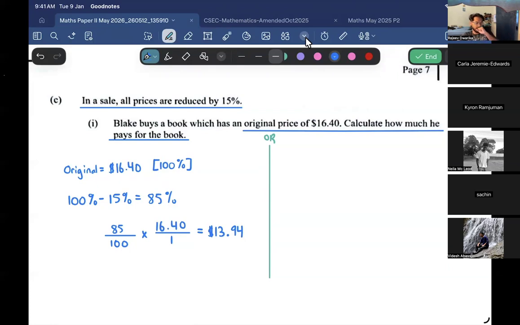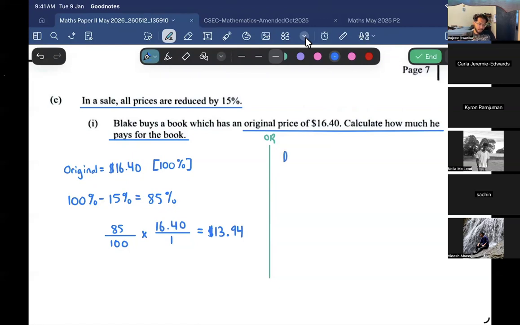So a discount. So Neela, would you be able to use that percentage to find the discount? Yes, sir. Talk to me. How would I find the discount? By multiplying the 15% by 16.40, sir. Now you're not just going to multiply 15%, right? You'll have to convert it to what? A fraction.